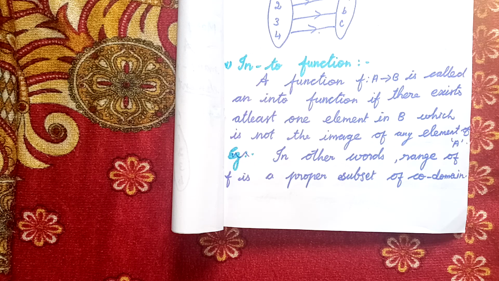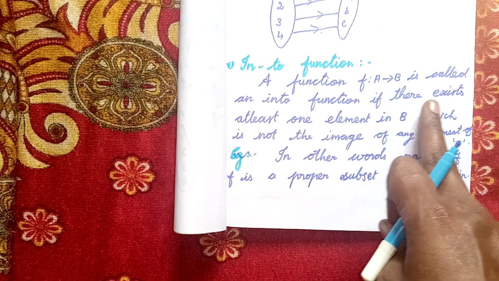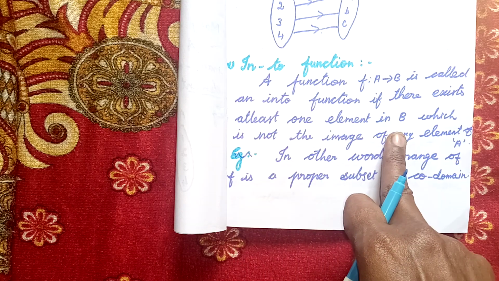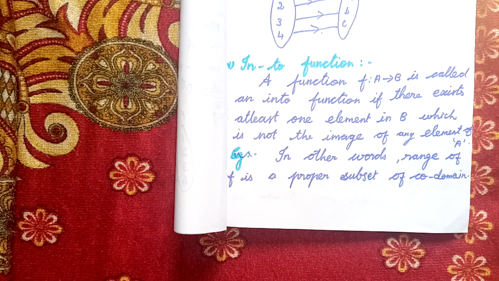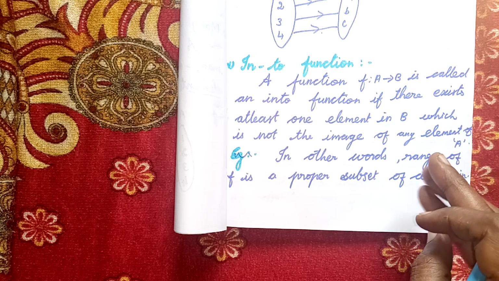A function f from A to B is called an into function if there exists at least one element in B which is not the image of any element of A.